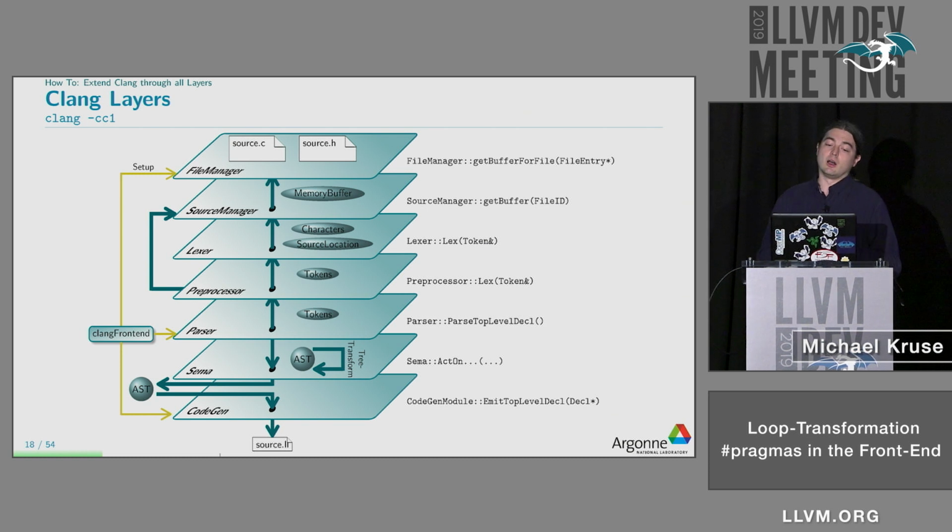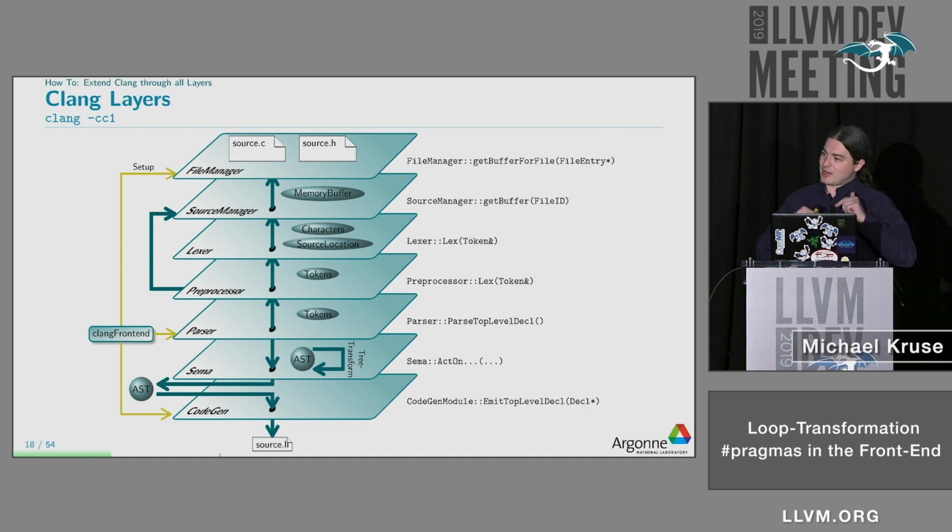The top one is the file manager. You start with the files, which are passed as memory buffers to the source manager. You can think of the source manager passing characters to the lexer, which converts them to tokens. The preprocessor does some transformations on the tokens and emits, again, tokens.